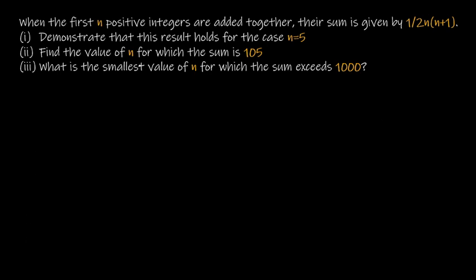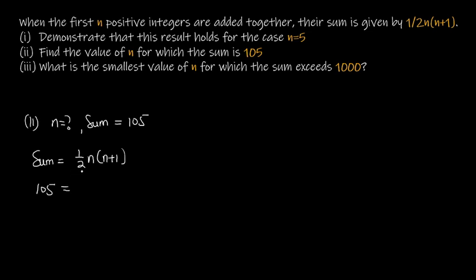find the value of n for which the sum is 105. So we have to find the value of n, we don't know, for which the sum is equal to 105. So we know that the sum of these n positive integers is equal to half n into bracket n plus 1. All right, so we're told that the sum is 105, then this is equal to half n into bracket n plus 1.